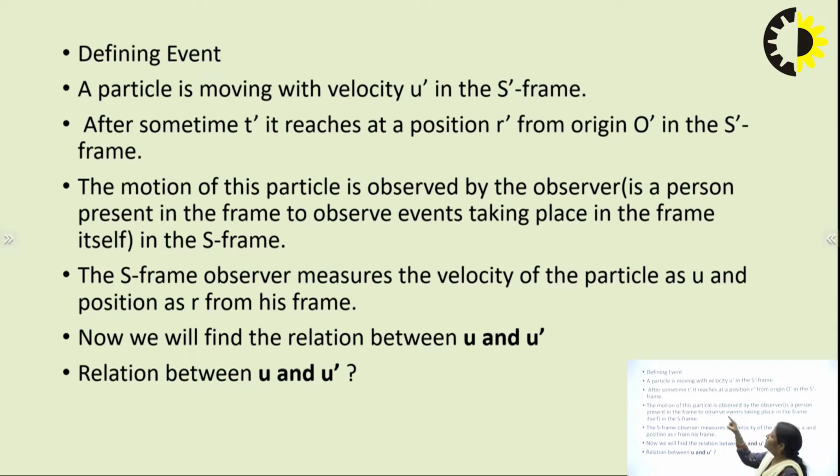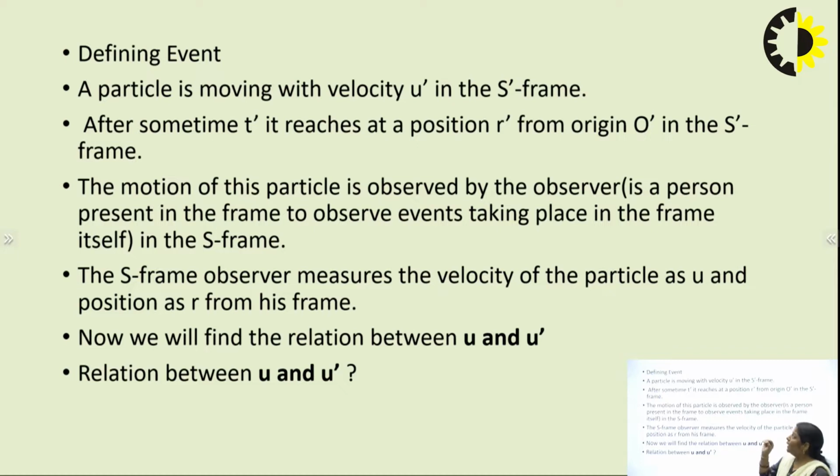So, for that we just choose that an event may be a particle moving with velocity u dash in the S dash frame. Now, this is very important. When we define an event, we need to specify in which frame we are defining the event. All right. So, the frames of reference S and S dash have a particular role. So, we need to specify where the event is defined.